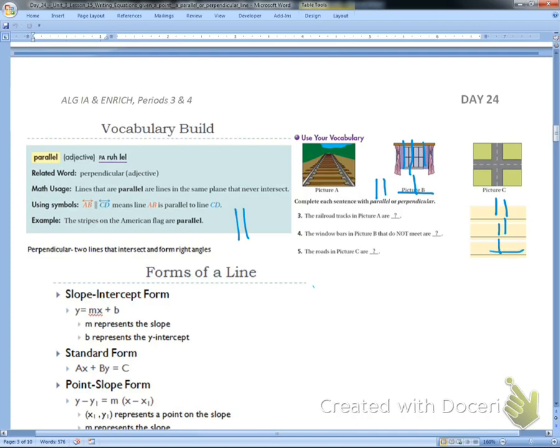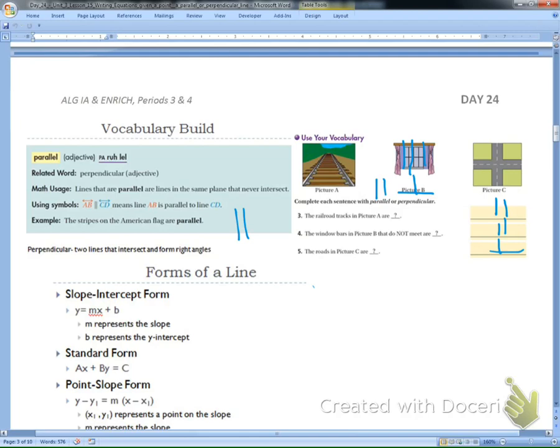Pretty easy. And then finally, just a quick review of the different forms of a line. You have the slope-intercept form. That's when you have the equation y equals mx plus b, where m represents the slope and b represents the y-intercept. Standard form, that's when your x and y term come before the equal sign and always equals a constant. And finally, point-slope form. And this is the one we haven't used very much.